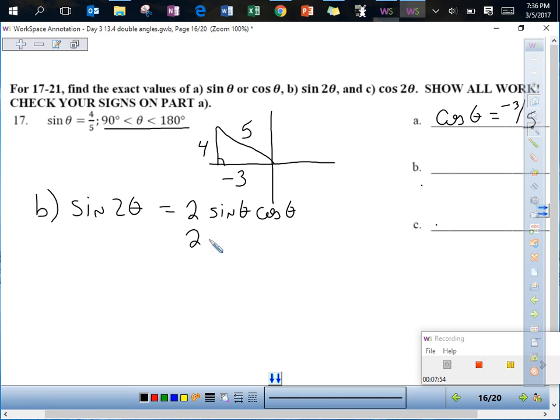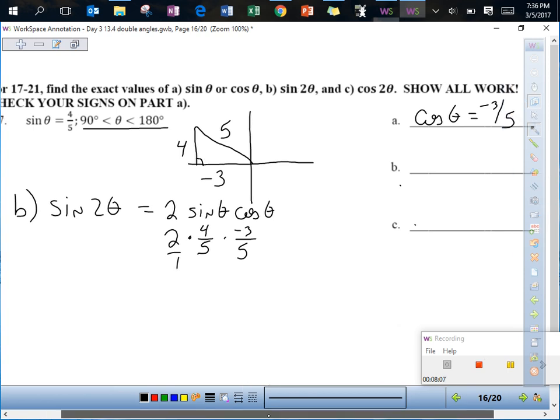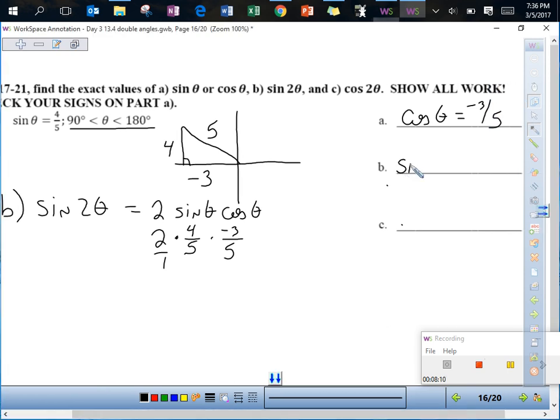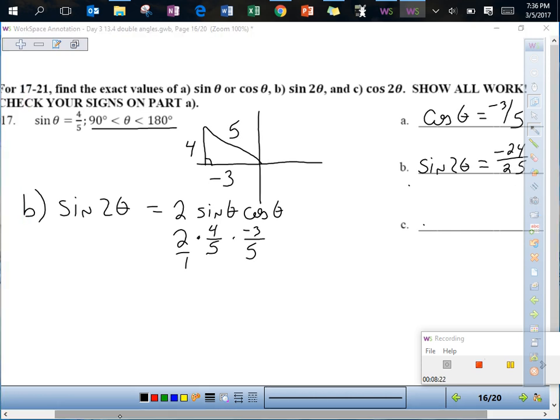I'm going to have 2 times the sine value, which is 4/5, times the cosine value, which is negative 3/5. I'm going to put that over 1. If I simplify this, I'm just going to multiply straight across, and the sine of 2 theta is going to be negative 24/25. That's all there is to that one, guys. You can run it through your brain or your calculator.